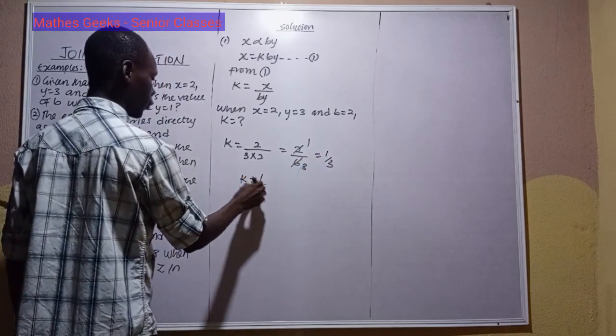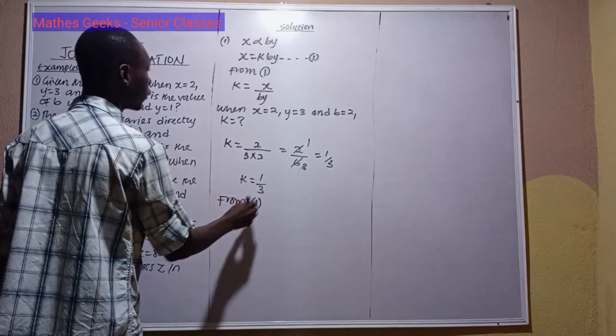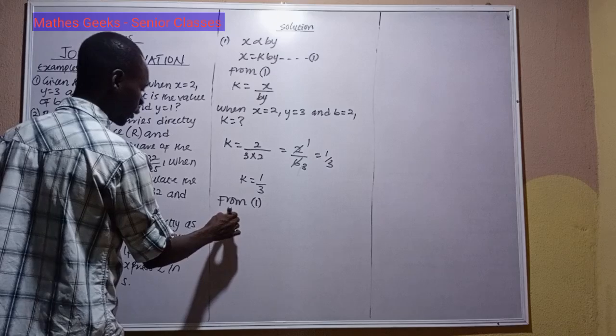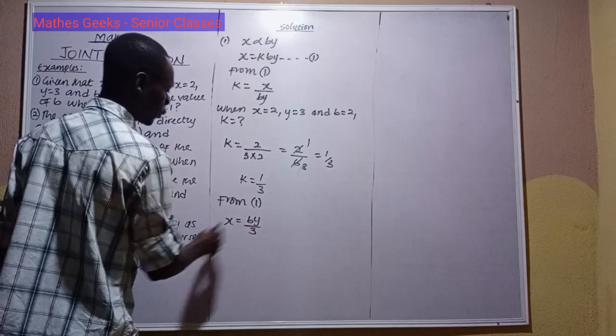So Q is 1 over 3. From 1, x is equal to b y over 3.